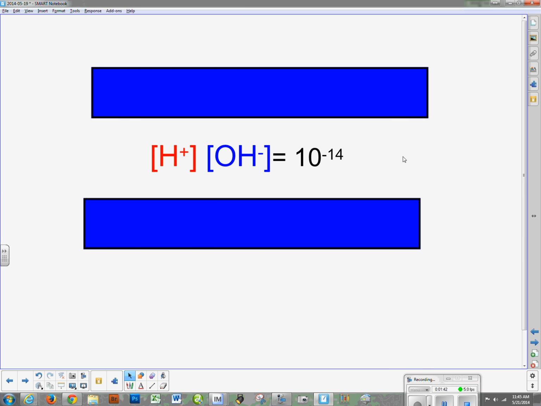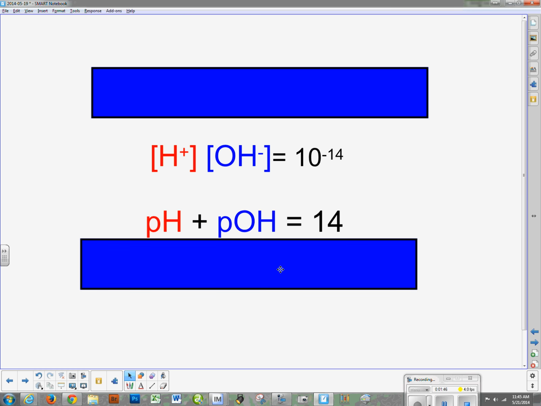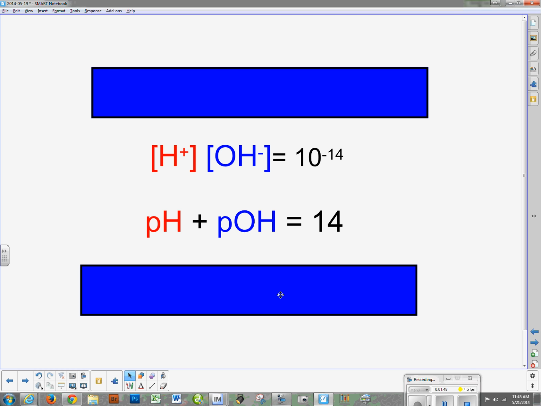You probably want to write it down like this, though. So copy that down, and copy down this one right here. So right there you have the pH and pOH relationships. Up here you have the hydrogen ion and hydroxide ion relationships.